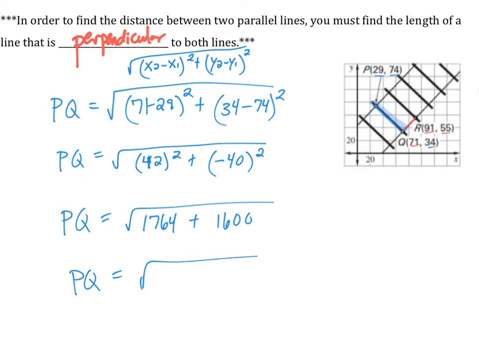So the distance from P to Q is the square root of 3,364, which is 58. Okay, so the distance formula was from a while ago. That's this formula up top. We plug in our numbers for the blue highlighted line, and we get that the distance the tracks are apart is 58. Okay, and that's again showing that the distance between two parallel lines is the perpendicular line between them.